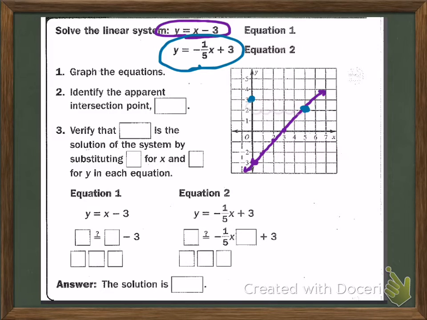I can continue that process, or I can just draw my line through the 2 points. The point of intersection is the spot that the graphs overlap. That apparent point of intersection is at 5, 2.